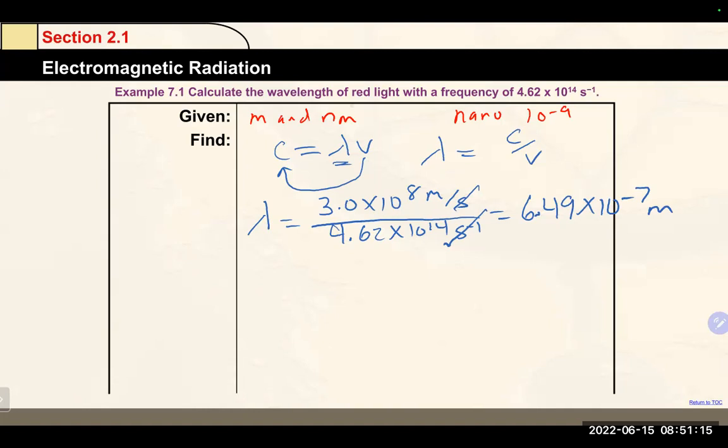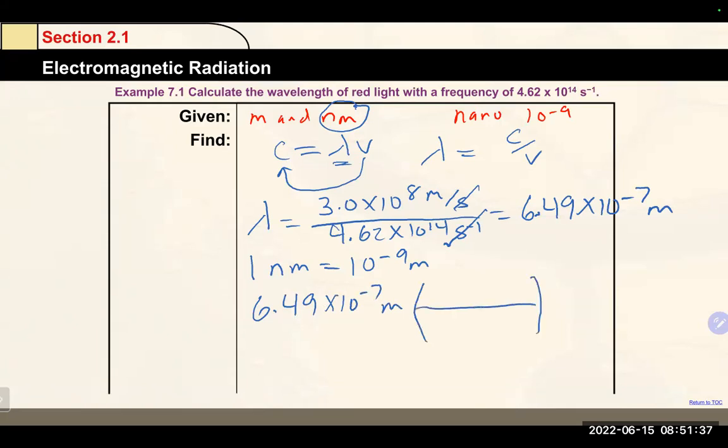At this point, we want to go to nanometers as well. So nano is 10 to the minus 9. A reminder that that means in 1 nanometer, there are 10 to the minus 9 meters. Again, not reversed around. Taking our number in meters and converting it, we would want the 10 to the minus 9 meters on the bottom for 1 nanometer.